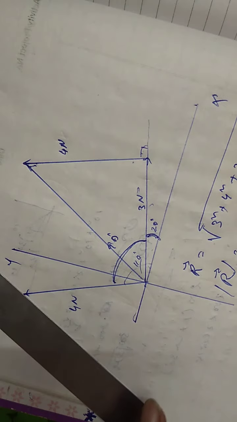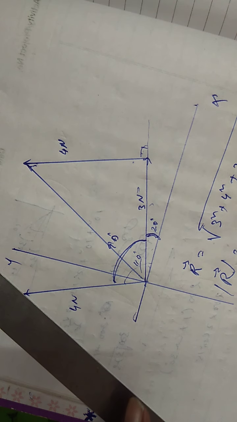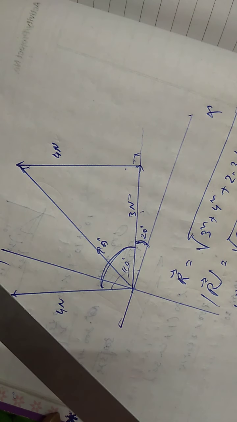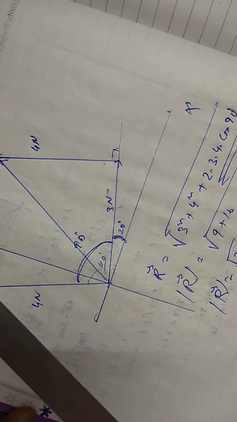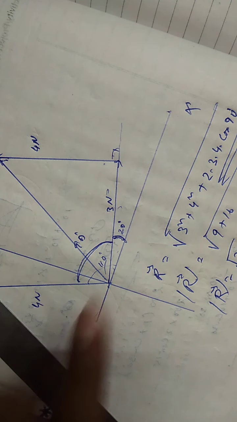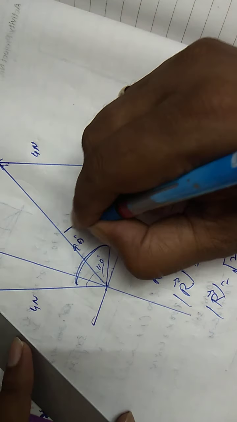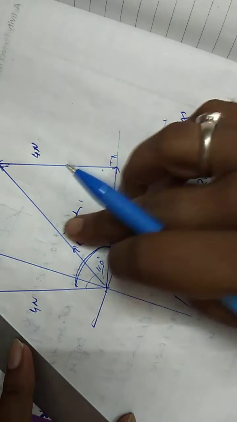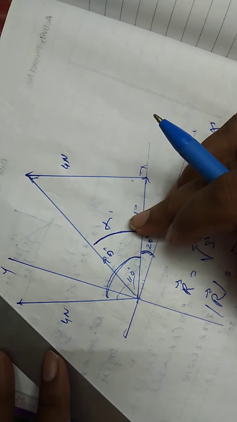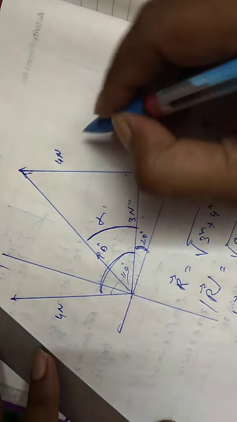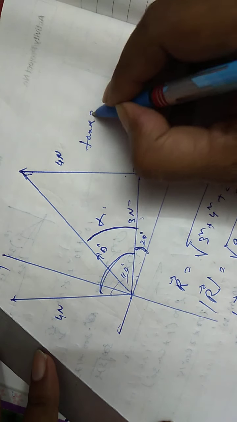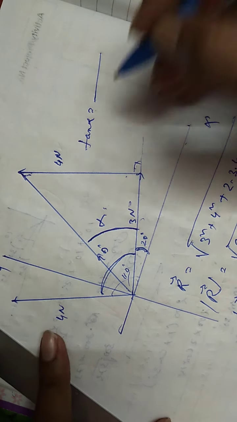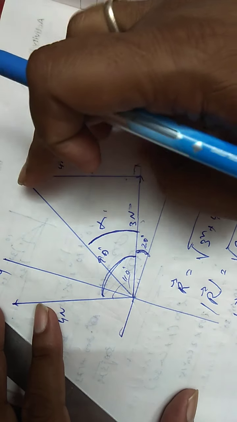So getting 5 meter is not the ultimate solution. To get the total result, since it is a vector quantity, I need to find the angle also, and this angle is your alpha. So tan alpha, the formula is B sine theta divided by A plus B cos theta.